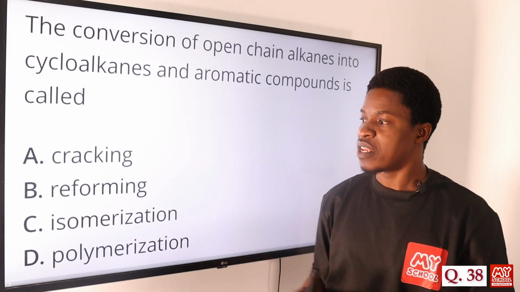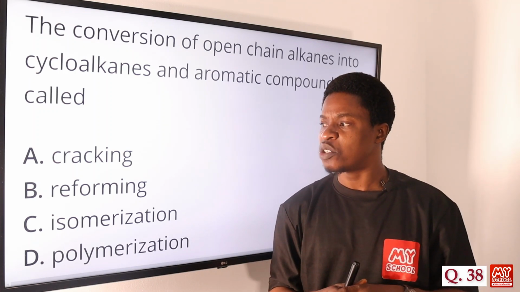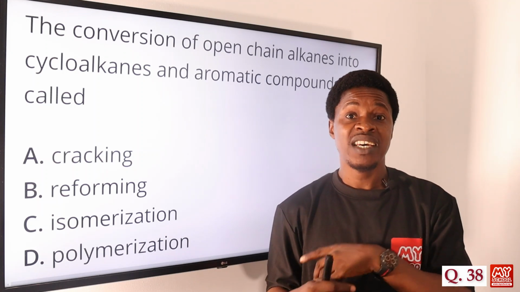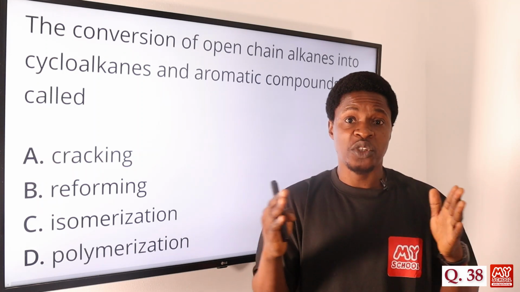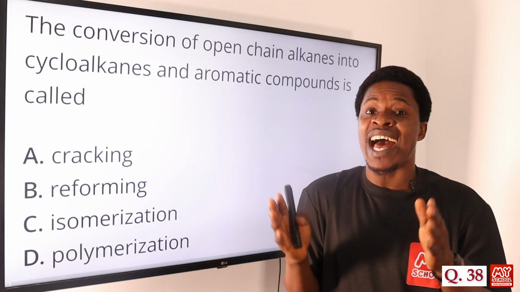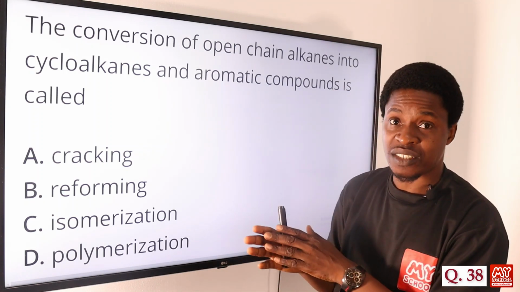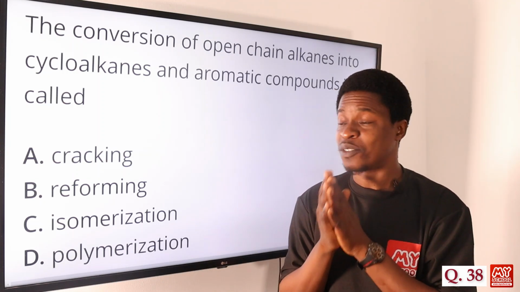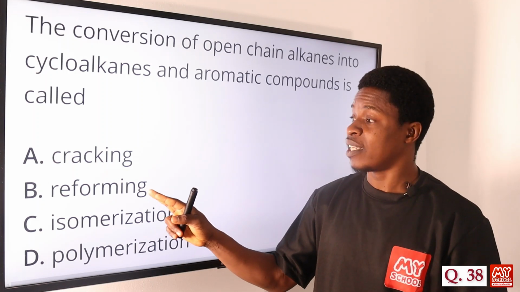Option B says reforming. Yeah, reforming is a very useful and important process in the petroleum industry, whereby the open chain alkanes are converted into cycloalkanes and aromatic compounds, into higher compounds.